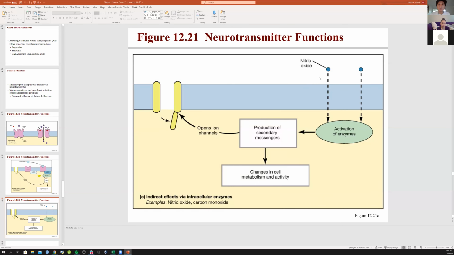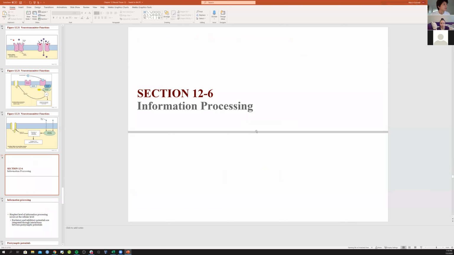But there are other molecules that don't have a charge that will readily cross the bilayer. Nitric oxide is one of those. It just crosses it, and then it activates enzymes on the inside of the cell. It didn't need a receptor to do that. It just crossed the plasma membrane and activated the enzyme. The enzyme produces secondary messengers, and it opens certain channels. So that's how it produces its change.